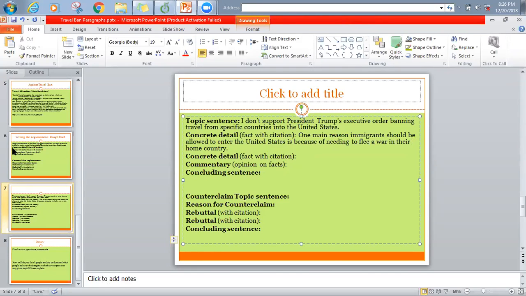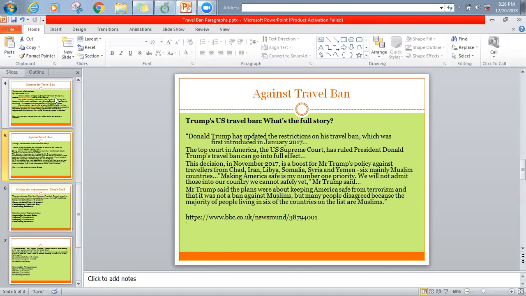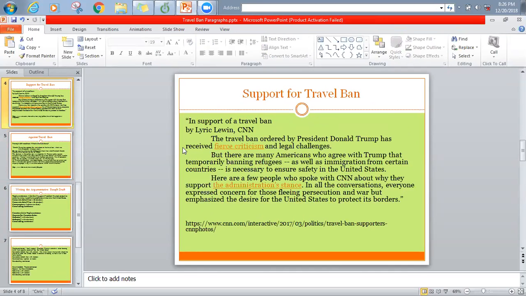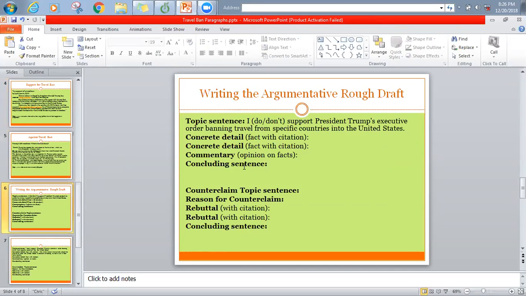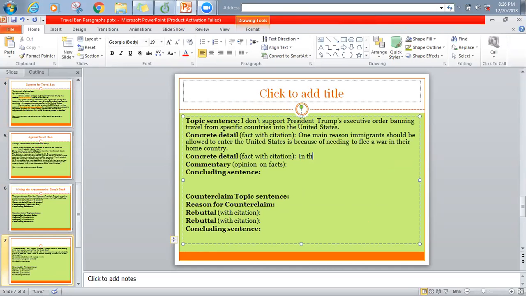And then let me double check. What was that article for us? Okay, I'm trying to pull up the one I did so I could use some of it on here. Absolutely.